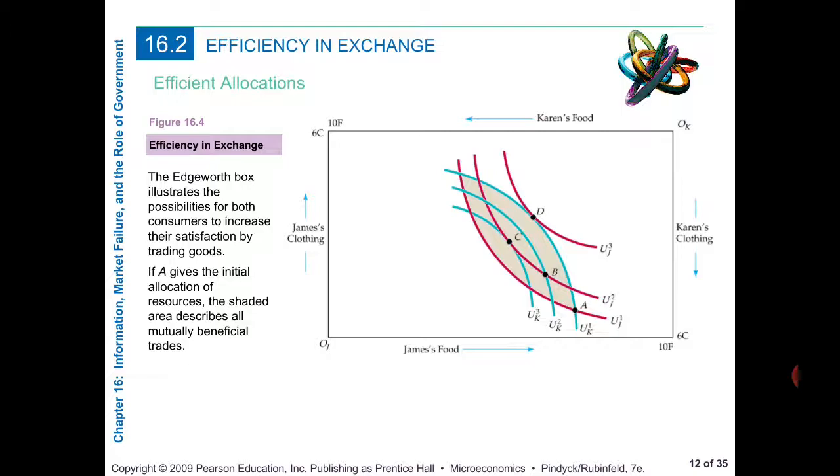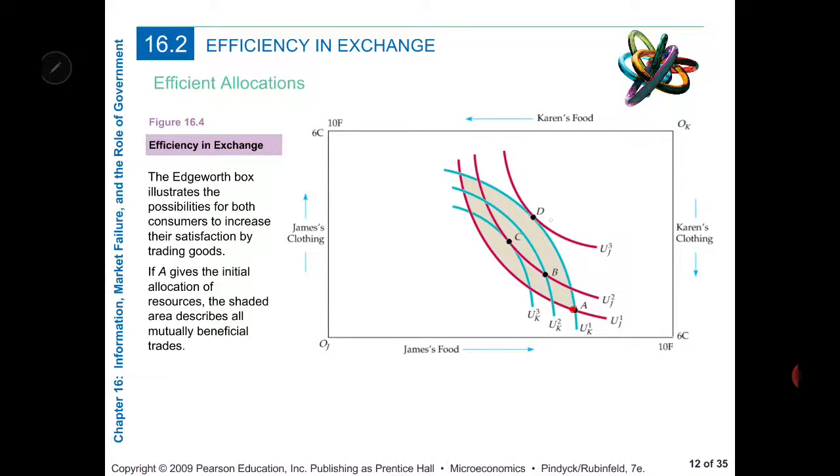So we use the Edgeworth box to include the indifference curves. You can see A is here. It is the point where you are on one of Karen's indifference curves and also one of James' indifference curves. But A is clearly not efficient because it is not at the tangent point.